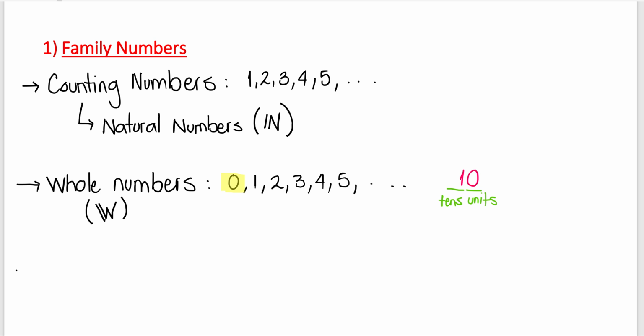Now, the next family of numbers that we're going to talk about are integers. And the symbol that we use for integers is a Z, and it has this line over here, okay? Something like this. So that's the symbol for integers. And integers, for me, it's very easy to understand because it's similar to the word in Spanish, enteros.